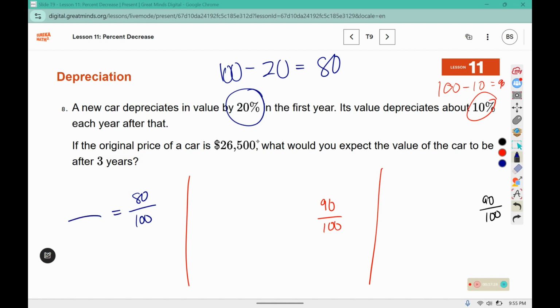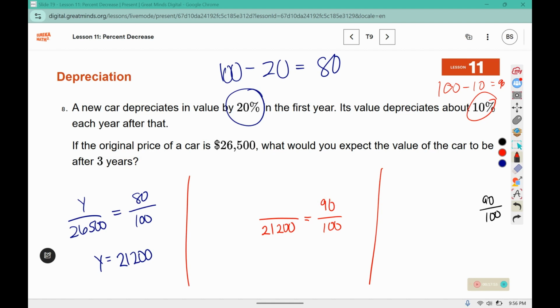The car originally costs $26,500. If we cross multiply and divide here, 26,500 times 80 divided by 100 is now the car is worth 21,200. So moving into year 2, the car is worth 21,200 and it's going to depreciate by 10%.